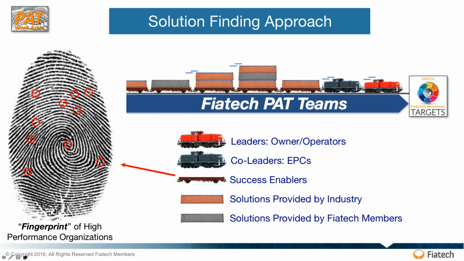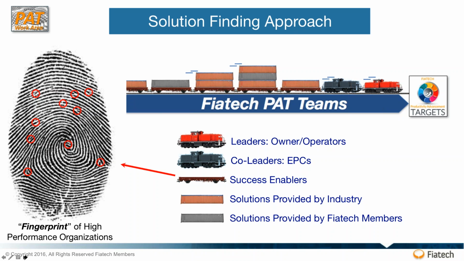But you also have co-leaders, which are the EPCs that have the detailed understanding and the network of relationships with stakeholders, able to say, well, if we were to pull this off, we need to be able to do this. If we do this, we need to get these guys involved. It's kind of like interactive project planning. So you have to have co-leaders that are EPCs with the in-depth knowledge and relationships to execute the project, but you have to have owners also be the catalyst for change.